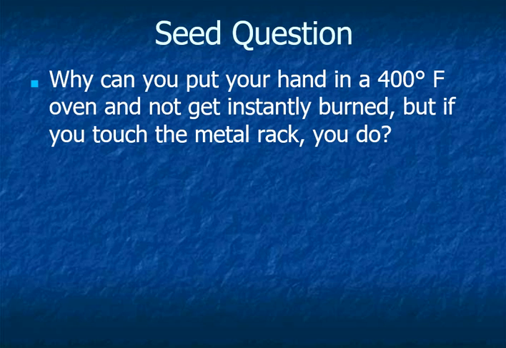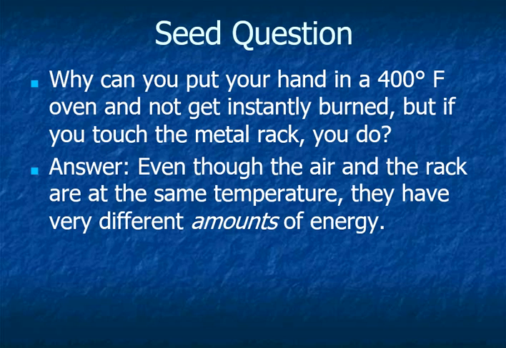But why is it that when you put your hand in the oven without touching the metal, you don't get burned, at least not immediately, but if you do touch the metal rack, you do? Well, the reason is that even though the air and the rack are at the same temperature and the molecules move at the same speed, they have different amounts of energy. So the reason you get burned by touching the metal is because there's more energy going into you than there is coming from the air.